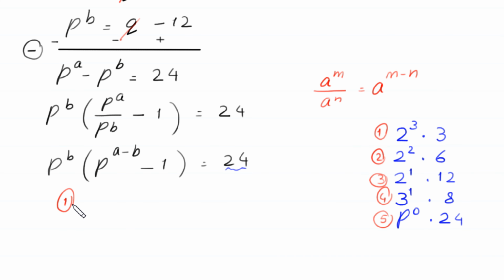In this case we write this expression p to the power b times p to the power a minus b minus 1 is equal to this 2 cubed times 3.